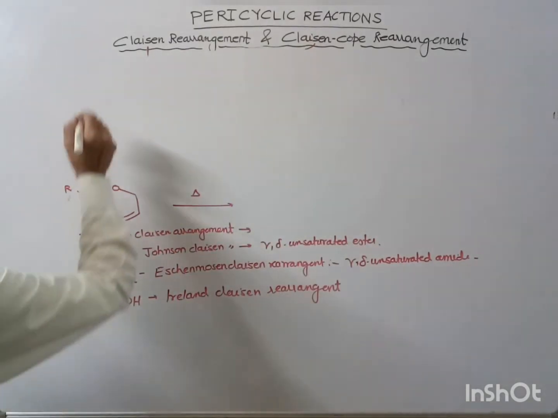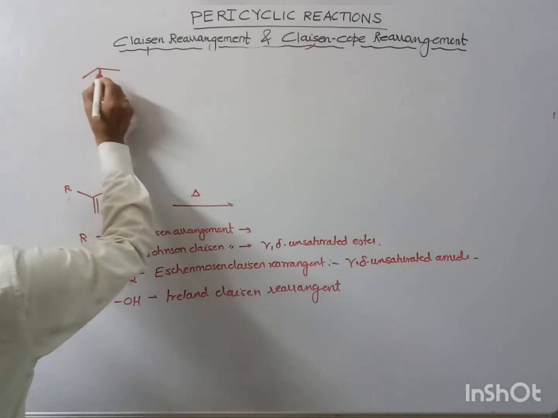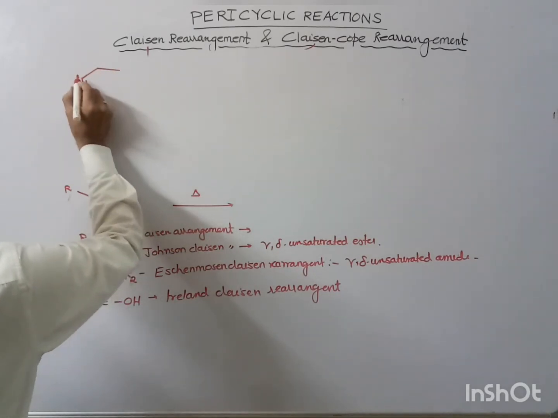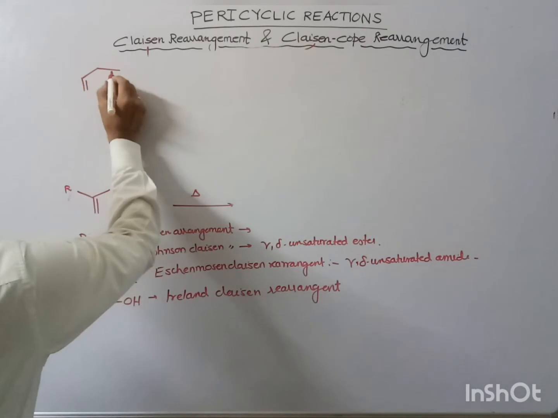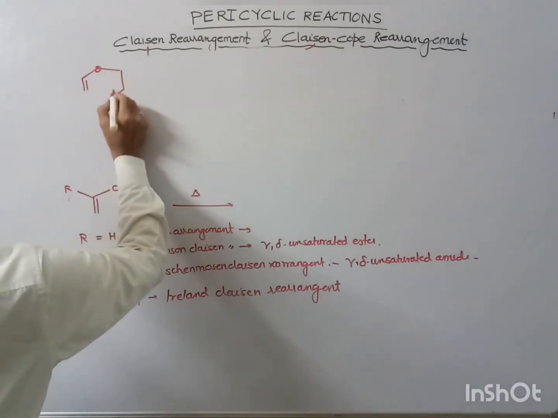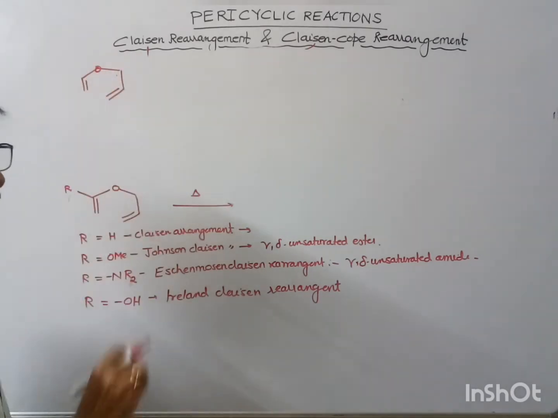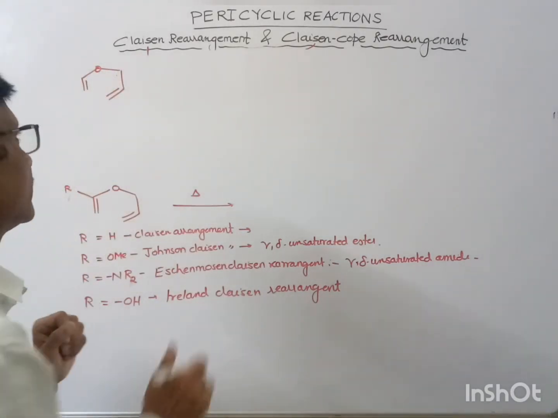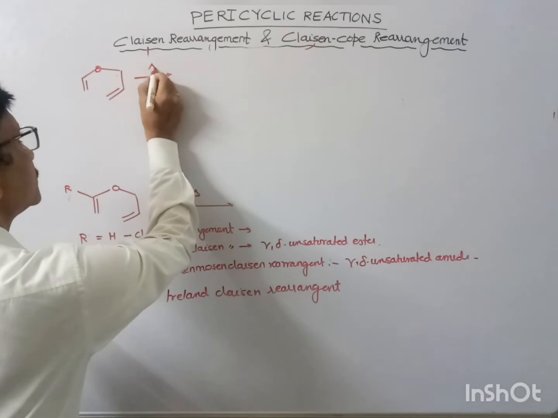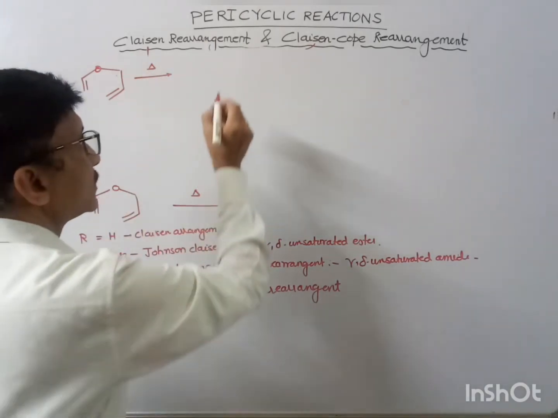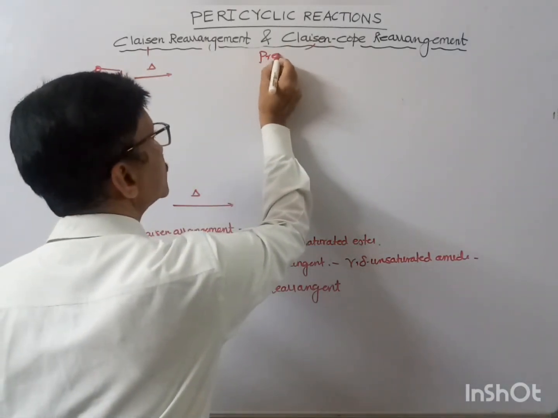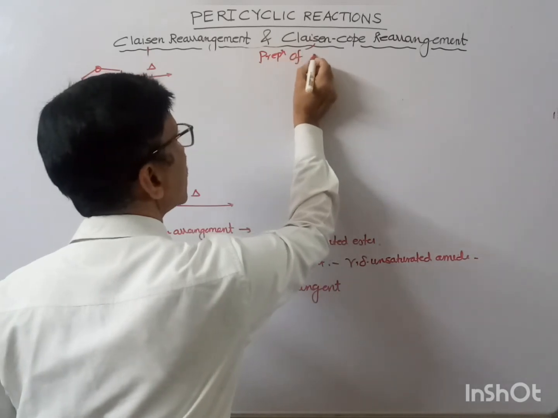Now suppose, as I have told you, this is a simple allyl vinyl ether. So how may we get this allyl vinyl ether? Let us see the preparation of this allyl vinyl ether.